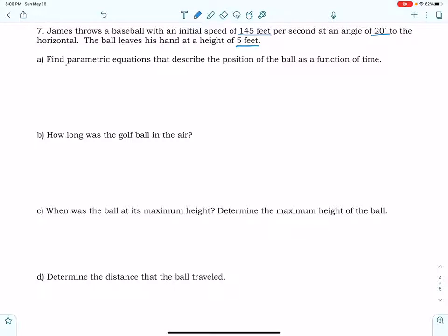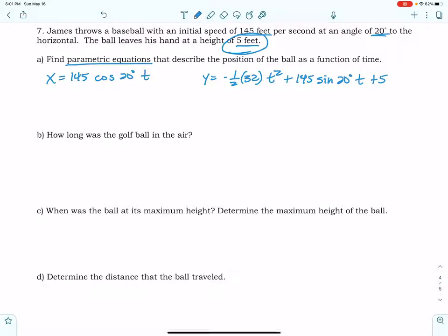So when we find our parametric equations, I'm going to have x equals my initial speed of 145 times the cosine of the angle, which is 20 degrees, t, and y is going to equal negative 1/2 times 32 times t squared plus my initial speed times the sine of 20 degrees, t, plus 5, because it's 5 feet off the ground to begin with.